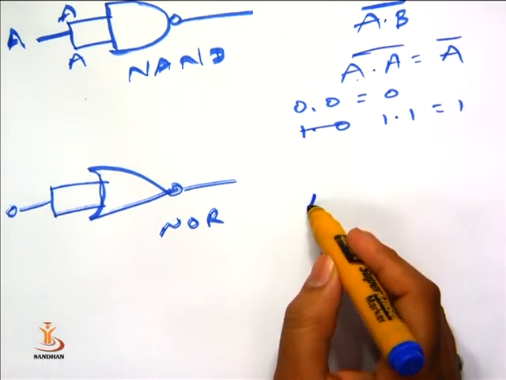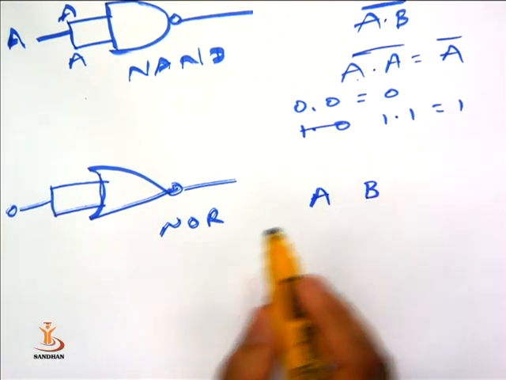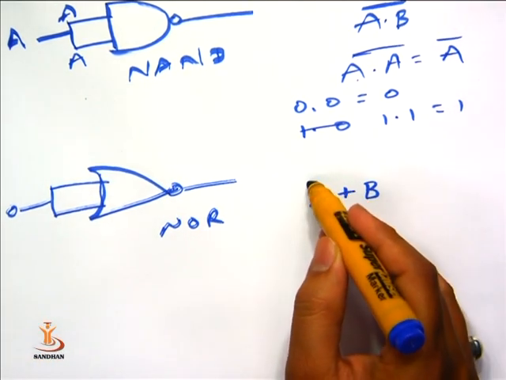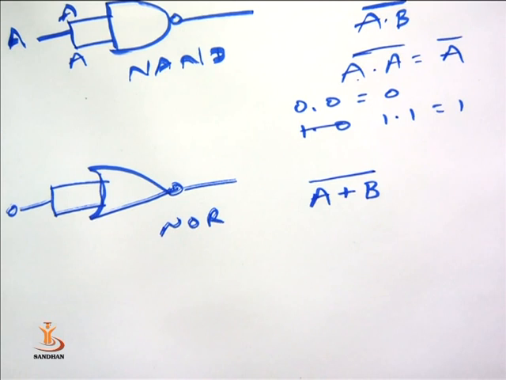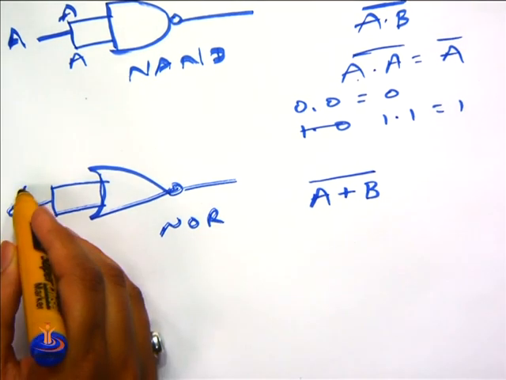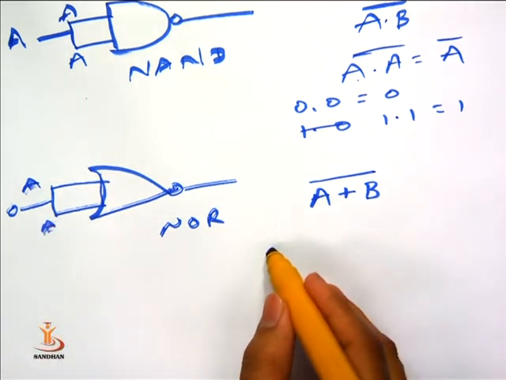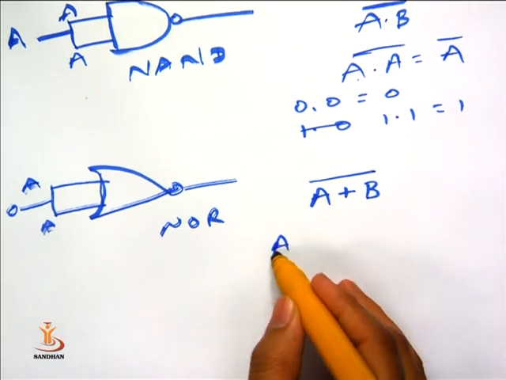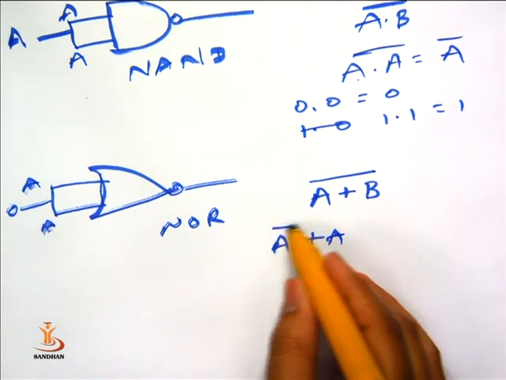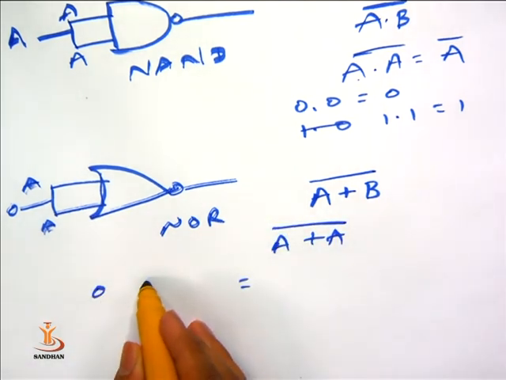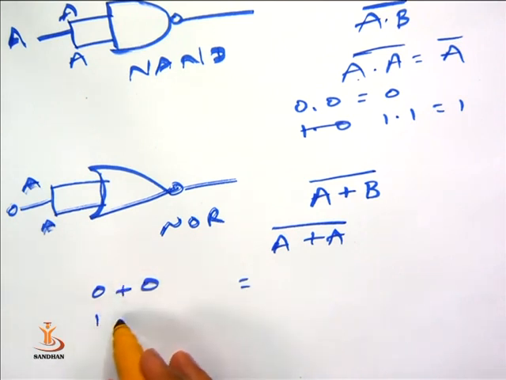If we connect A and B as an input, output achieved from this NOR gate is A plus B bar. But in this case we are using A and A, so output is A plus A whole bar. Now A plus A means it is similar to 0 plus 0, or 1 plus 1.